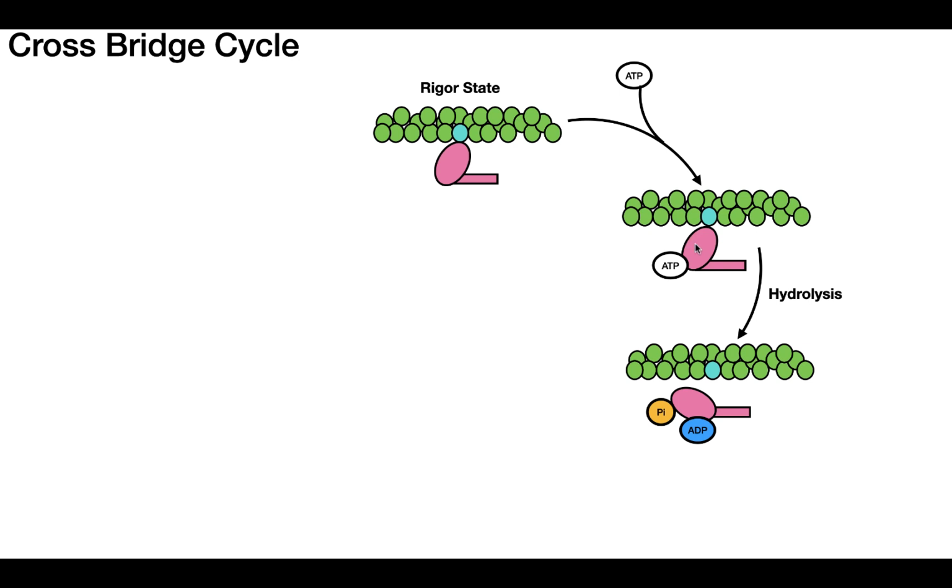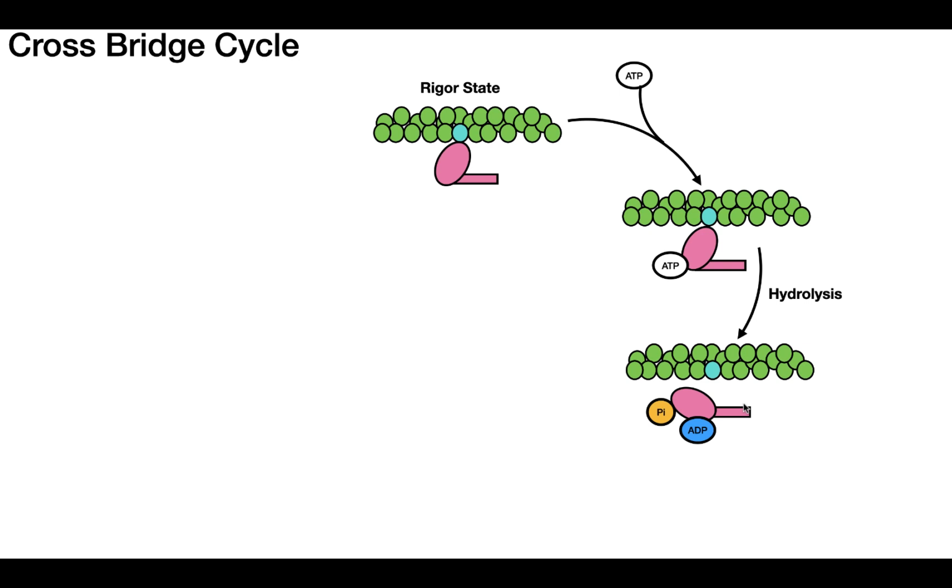After this hydrolysis occurs, it provides the myosin head with enough energy to go into what's called the cocked state. So what we see here is we started off in this position, and then after the hydrolysis, we get this position, which is referred to as the cocked state.